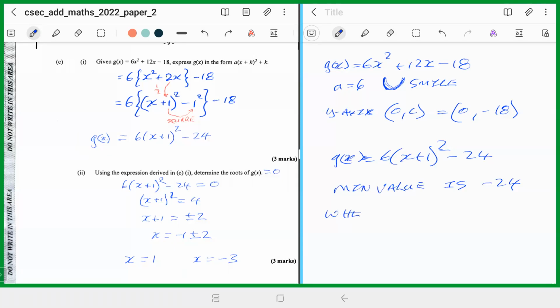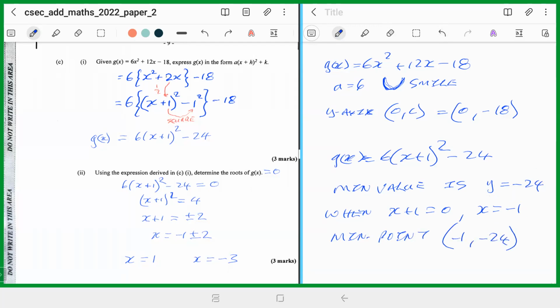When is it minimum? When the bracketed term is equal to 0, when x plus 1 is equal to 0, which is when x equals negative 1. This minimum value is a y value, so let me write it. Minimum value is y equals negative 24. Therefore, the minimum point has this x value and this y value: negative 1, negative 24.